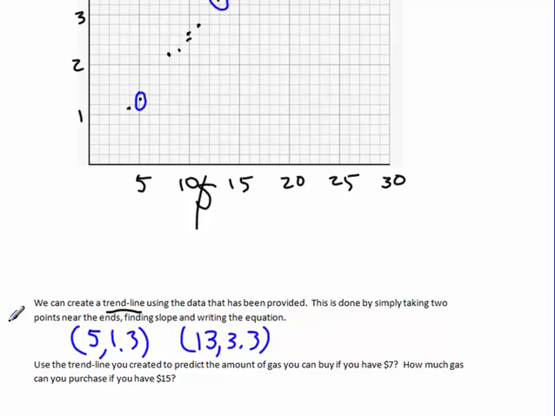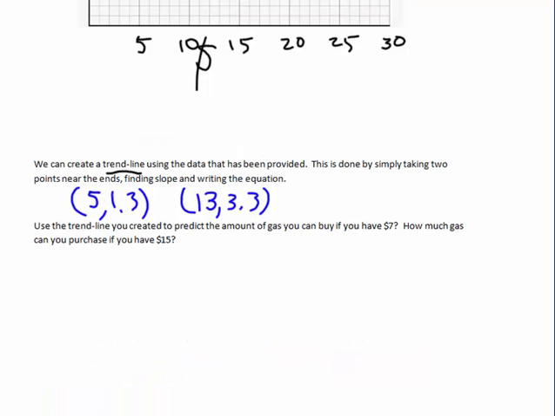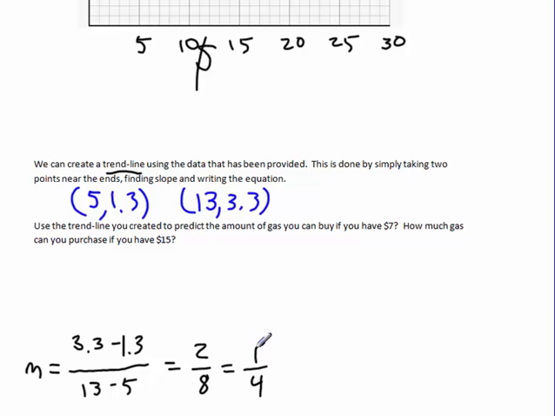So now what we could do is find our slope, right? And our slope is going to be m equals the change in y over the change in x. Our y values are 3.3 and 1.3, so we have 3.3 minus 1.3 over our change in x, 13 minus 5, and this gives me 2 over 8, which is 1/4.